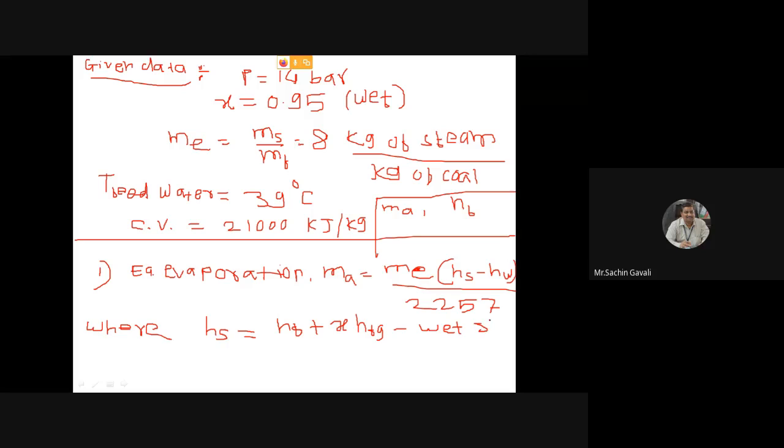And what is the pressure of that steam? So this HF and HFG, from where we have to take?